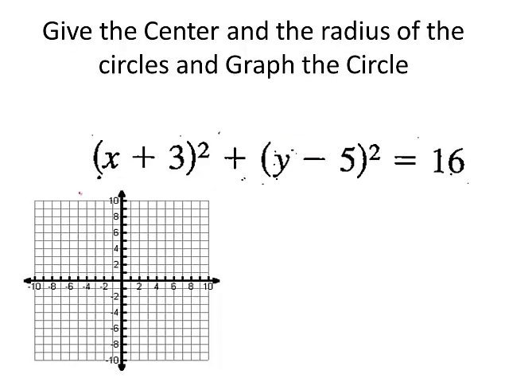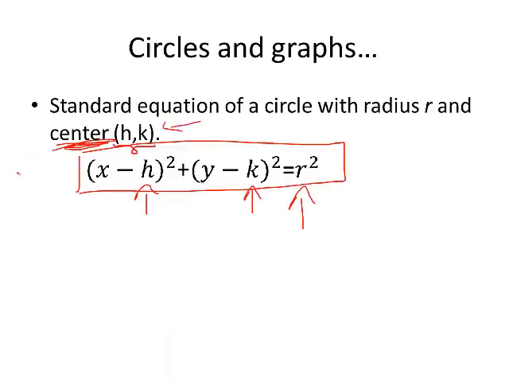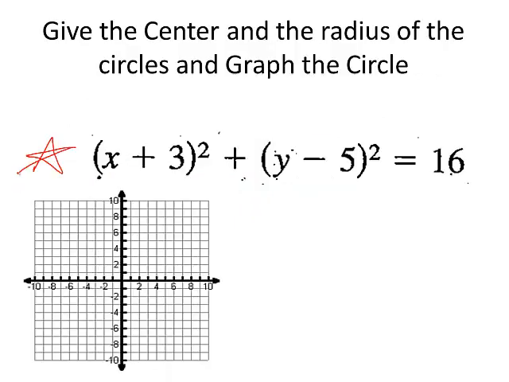Okay, so I have an example. It says, give the center and the radius of the circle and graph the circle. So I have my standard form here. Looking at the standard form from the previous slide, my h in this case is the opposite, so it's -3, the opposite of the +3, and k is the opposite of +5, which is +5 for the center's y-coordinate's opposite.